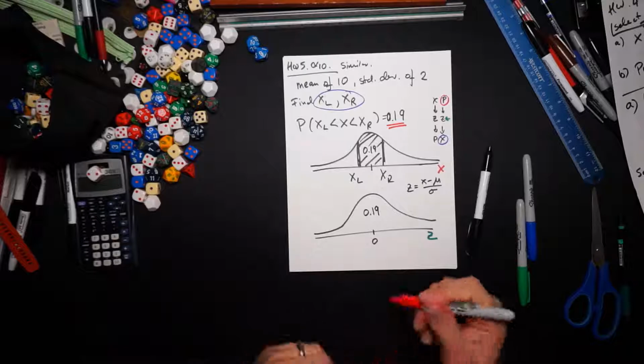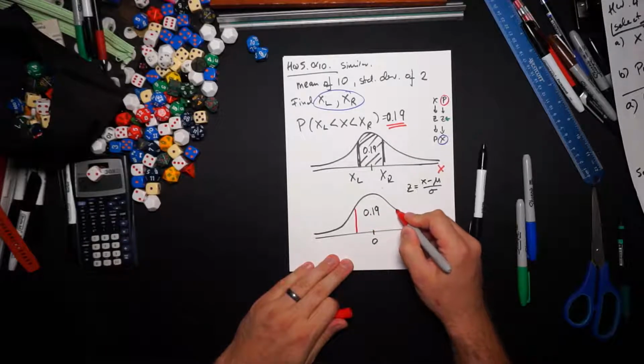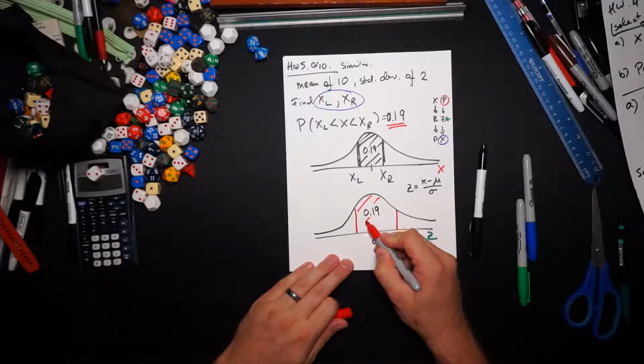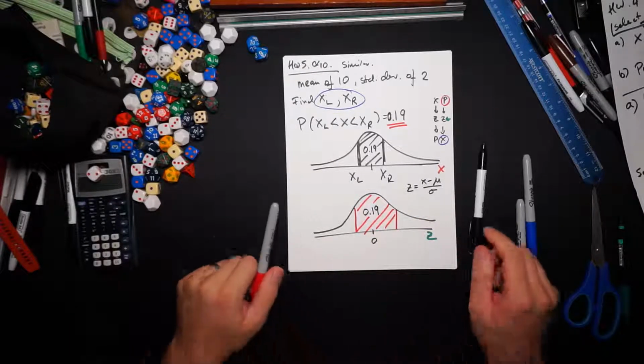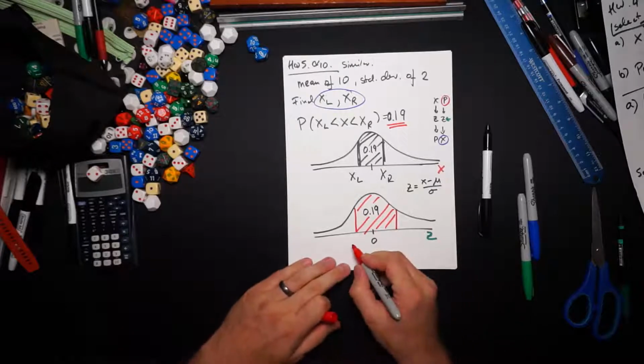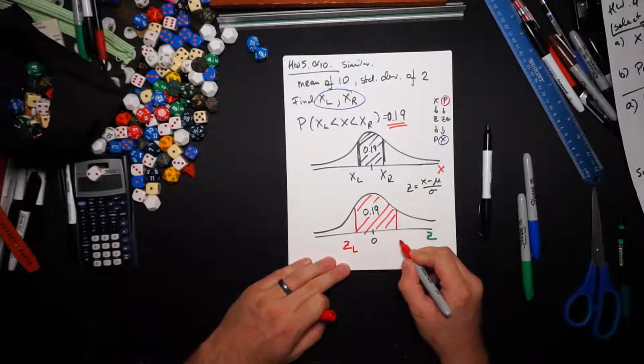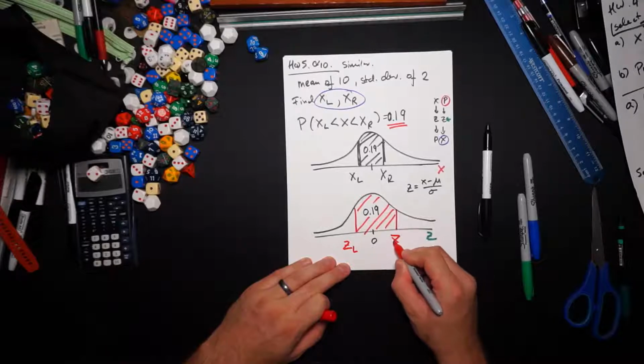That's going to be my 19%. That's still here. Now I'm just attached with a z on the left and a z on the right.